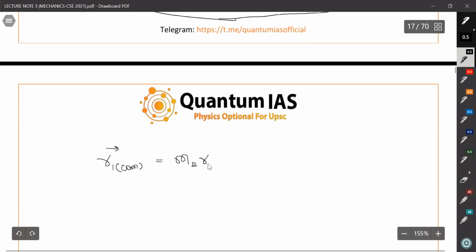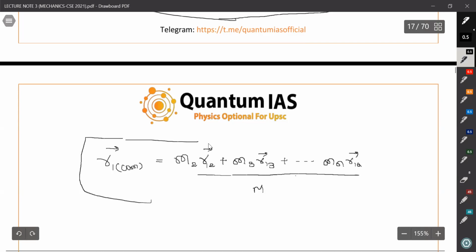So you can write the r12 vector plus m3 r13 vector, so on, mn r1n vector upon total mass. So it will be easier to understand and write.